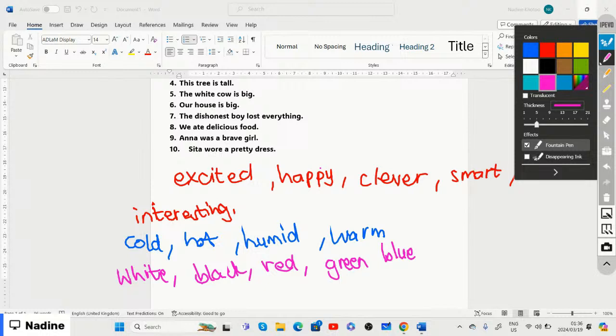So these words can describe our noun, our person or thing, for that matter. And we can describe it by mood, which is excited, happy, clever, smart, interesting, right? That tells us what kind of people they are. They are excited, they are happy, clever, smart, and they are interesting.